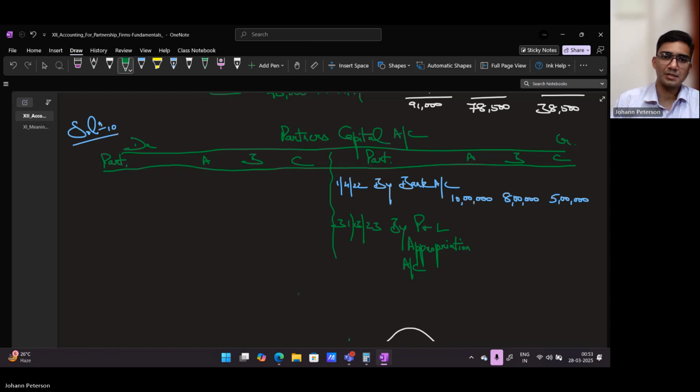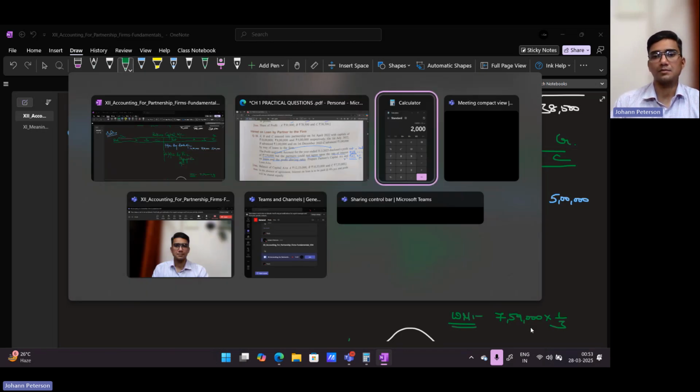So let's work this out. I'm doing a little work over here itself. Small working note. So it is 759 into 1 upon 3, because the profit sharing ratio is 1 is to 1 is to 1.